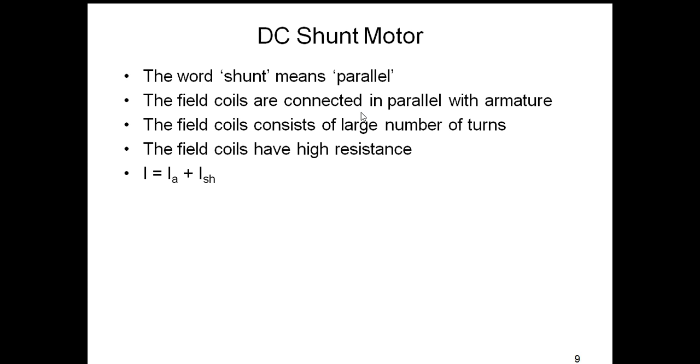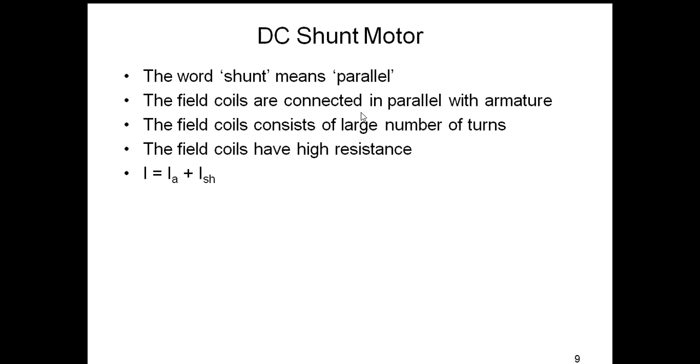In the shunt motor, the total current I is equal to IA plus ISH, which means the load current I gets divided into two circuits.